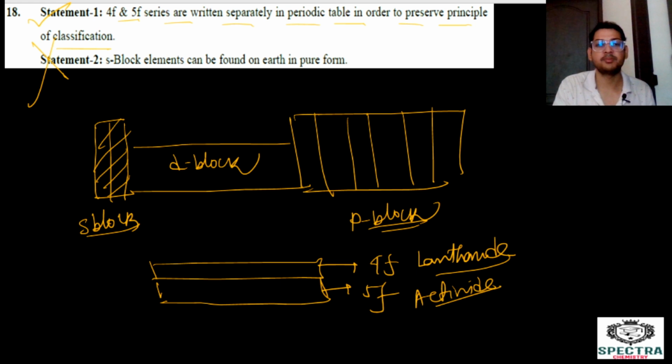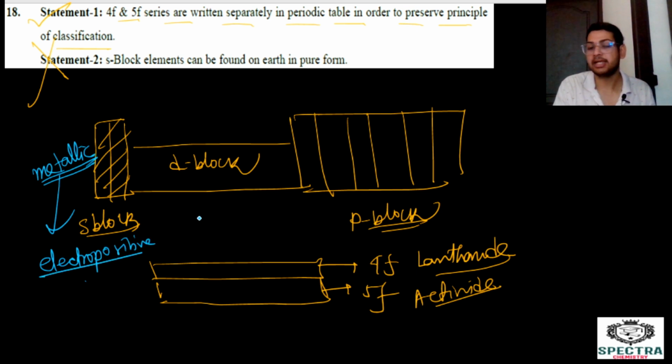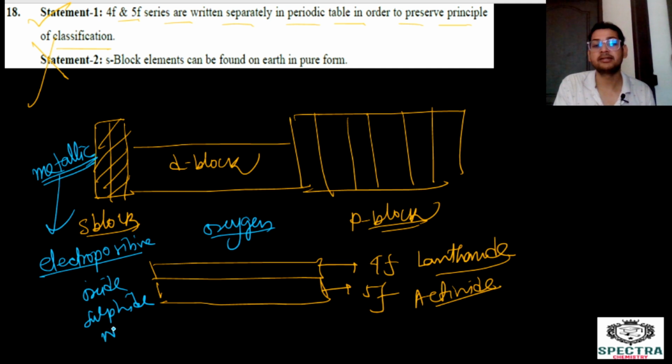As S block elements have metallic character, they are electropositive. In the air you are having oxygen, sulfur, nitrogen, so they make oxide, sulfide, nitride, chloride, like that.